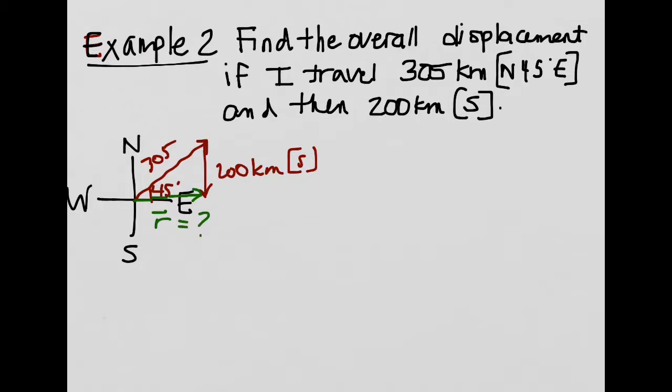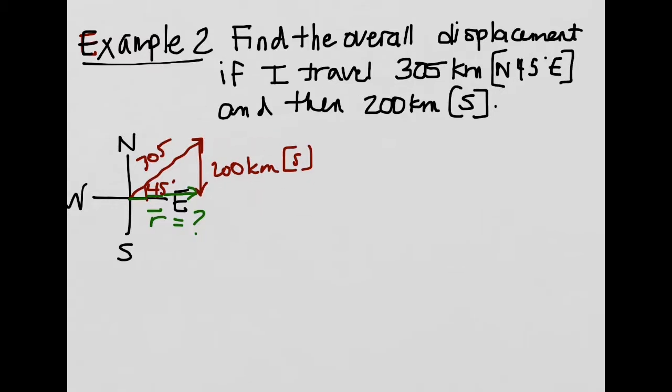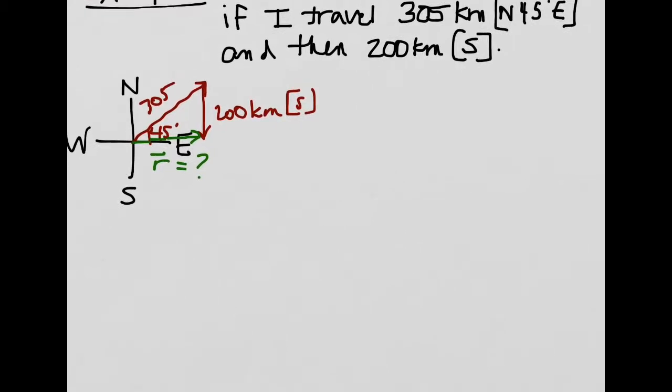In order to find R, or my result, I'm going to break this up into components and combine the horizontal components of each vector and the vertical components of each vector, and then figure out an overall displacement vector. So let's see what that looks like.